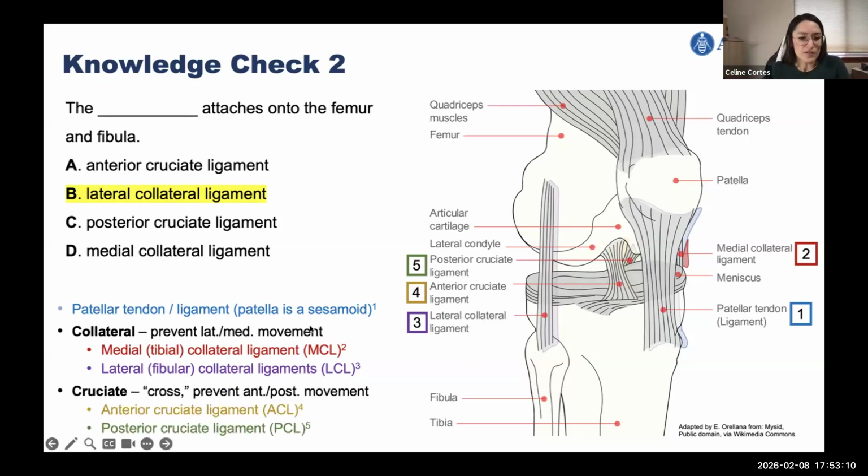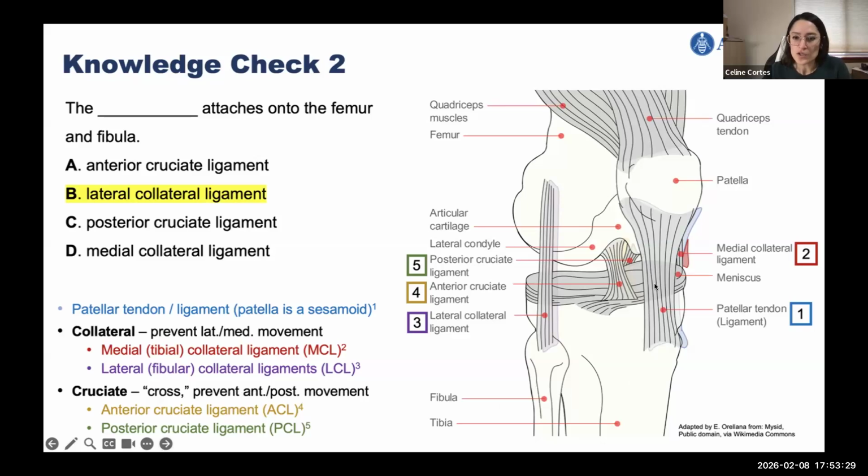And then we also have our cruciate ligaments. Cruciate actually means cross. So these ligaments do cross. They do form this X pattern. And the purpose of these really is to help prevent too much anterior and posterior movement of this joint.